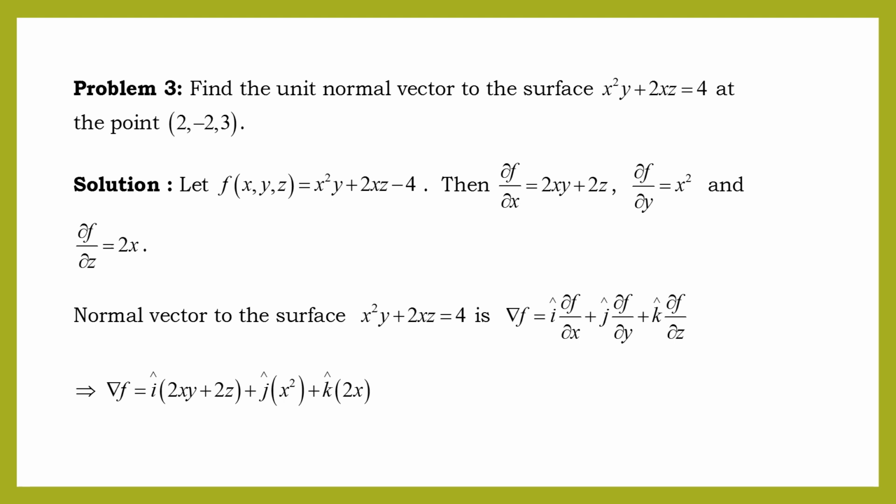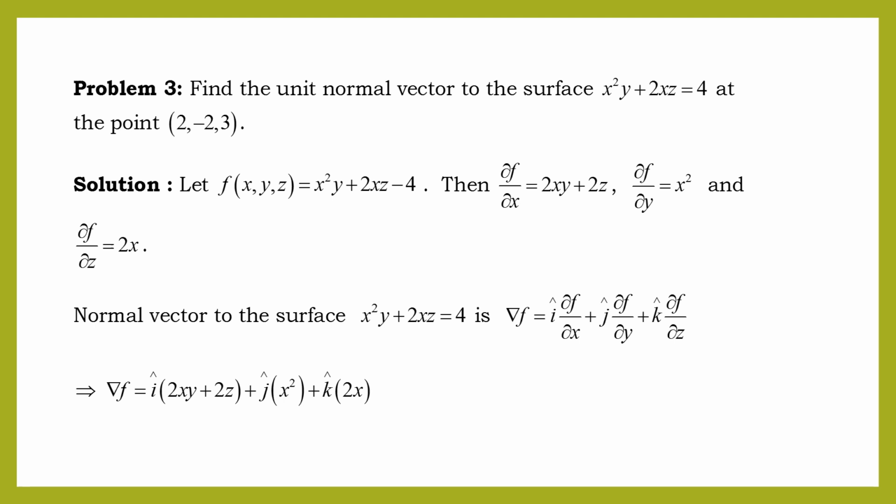For this surface, del f equals i cap dou f by dou x plus j cap dou f by dou y plus k cap dou f by dou z. Here we have to plug in our values of partial derivatives.